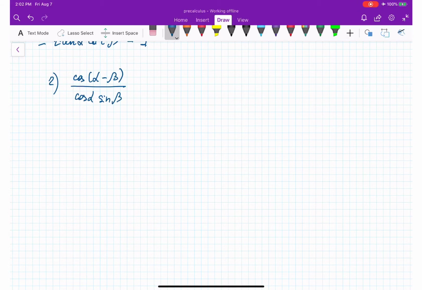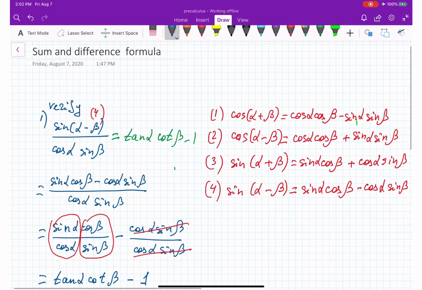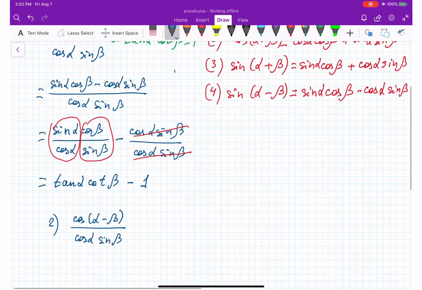For cosine of alpha minus beta, I'm going to apply formula 2.